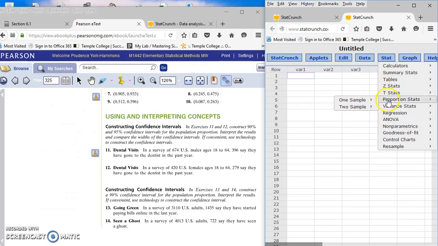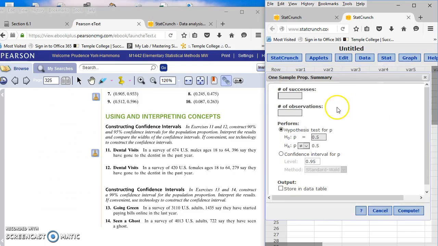We're going to do proportion stats because we are trying to find the confidence interval for the population proportion. It's one sample and it's with a summary. When you do a one sample proportion with a summary, all you need to know are the number of successes over the number of observations.